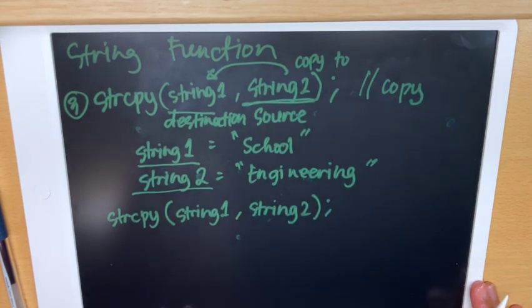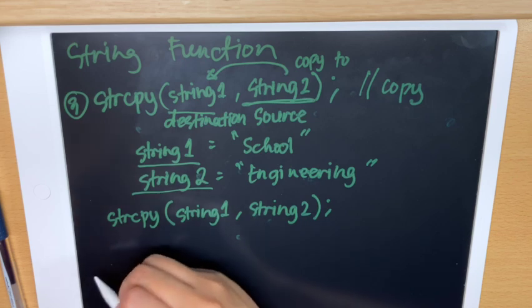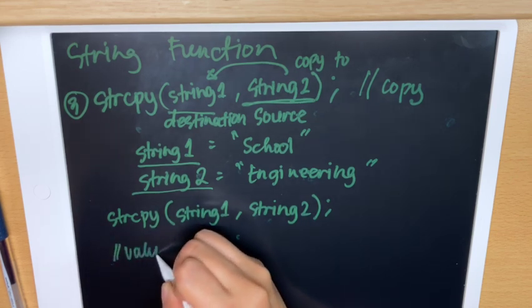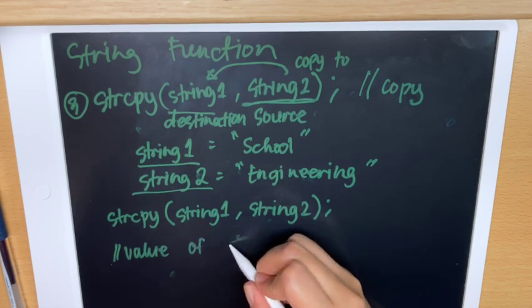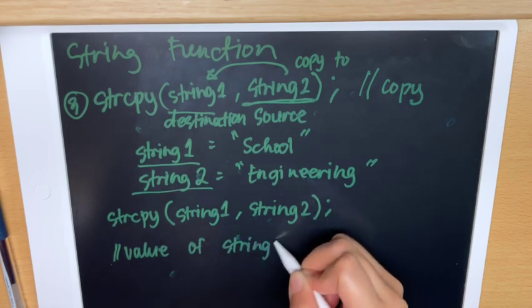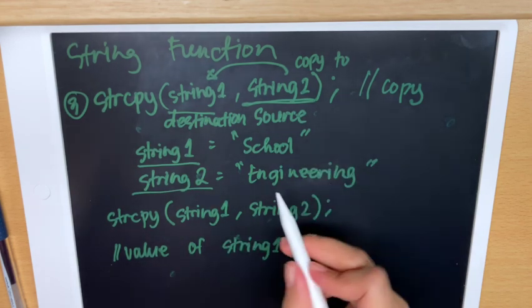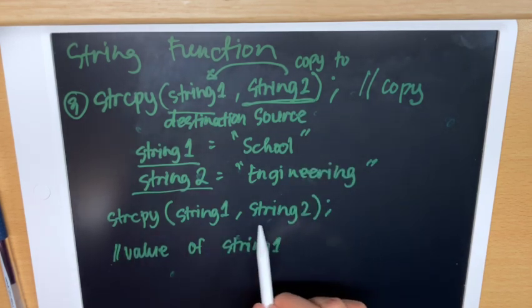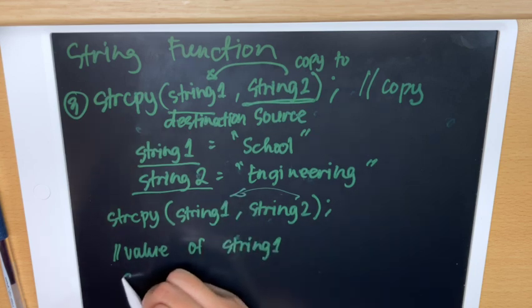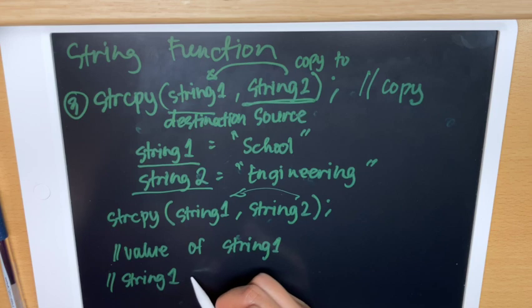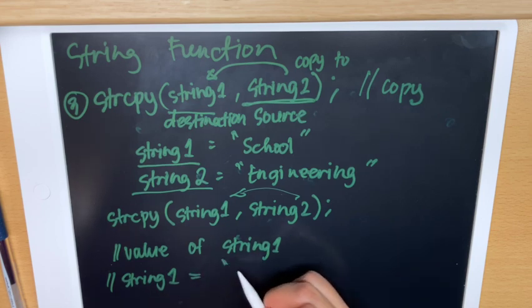What do you think will be the value of string 1? Previously it's school, but since you copy string 2 to string 1, the value of string 1 would now be equal to engineering.